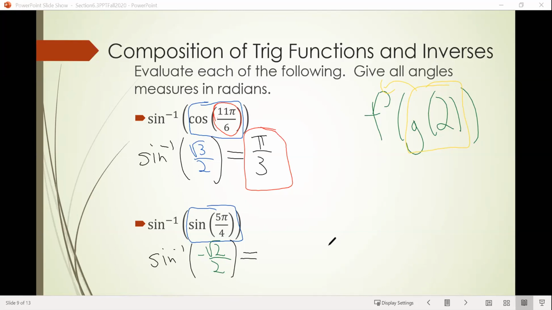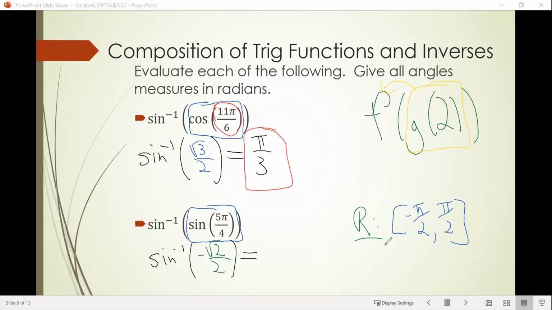Well, on our unit circle, that would be 7 pi over 4. But remember again that the range of inverse sine is negative pi over 2 to pi over 2. And 7 pi over 4 does not lie within that range.